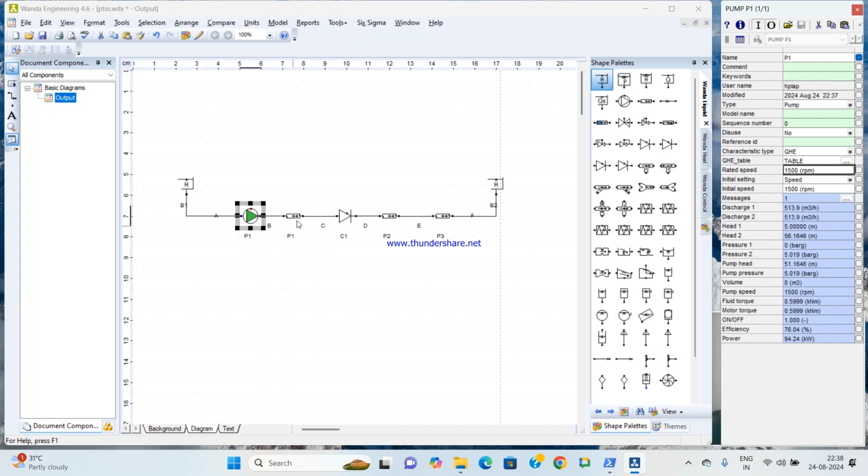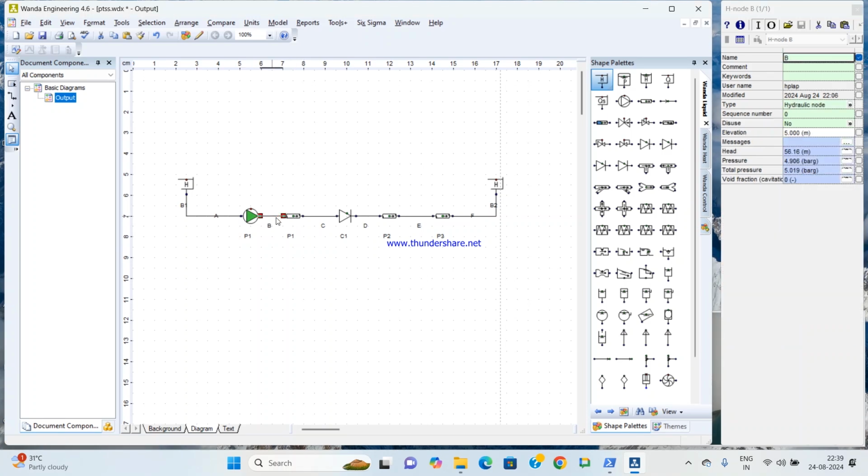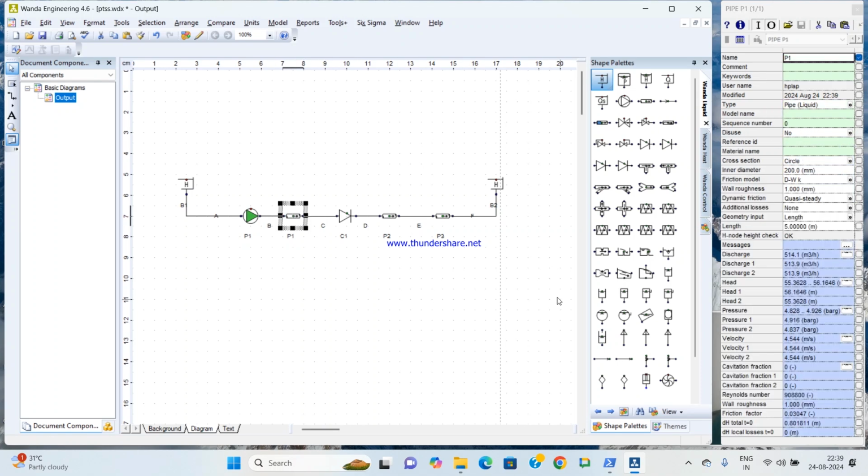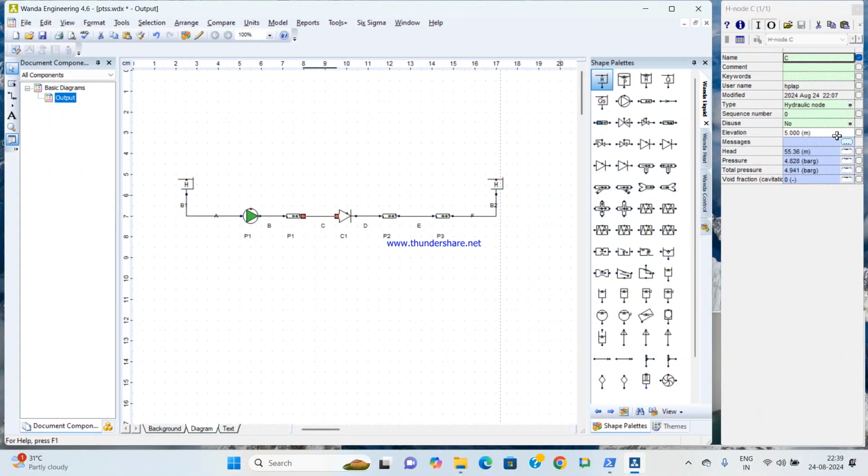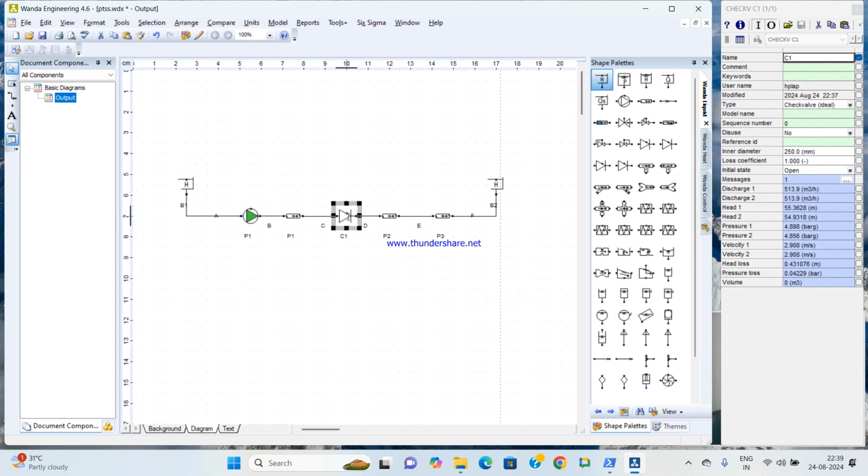Okay, and here this segment, the elevation I am using as 5 meter, and this is a pipeline. So this is a 200 NB, and the wall roughness will be around 1 millimeter, and the length is 5 meter. And this segment also elevation is 5. Now I am using a check valve.